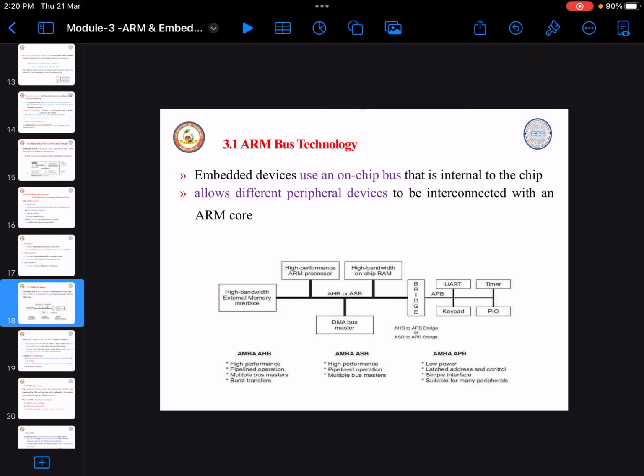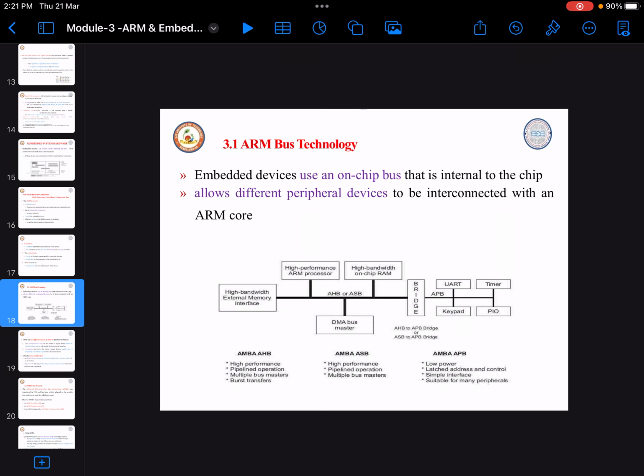Soon we will look into what these AMBA versions are. AMBA stands for Advanced Microcontroller Bus Architecture. Under that, you have three variants: AHB, ASB, and APB.